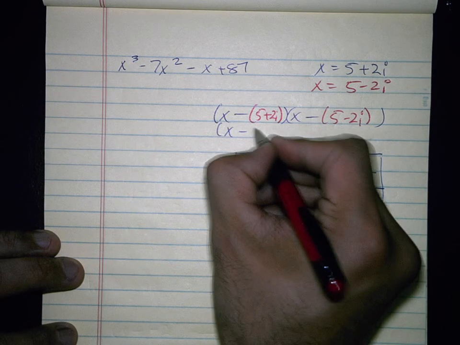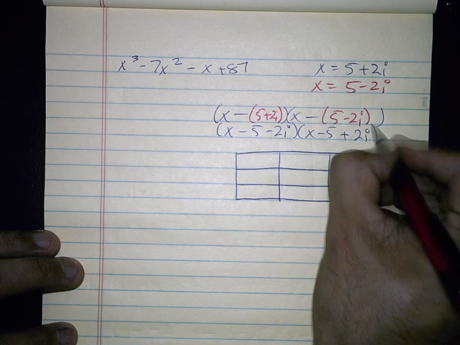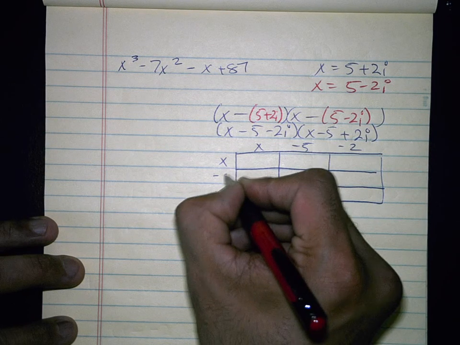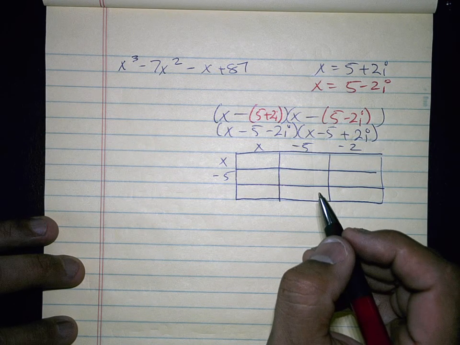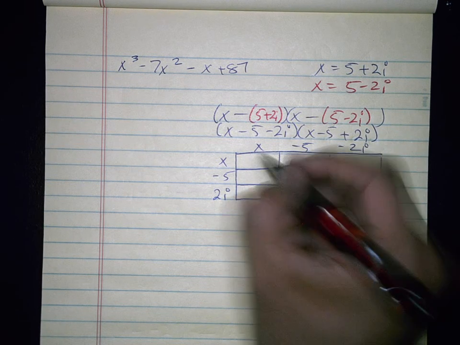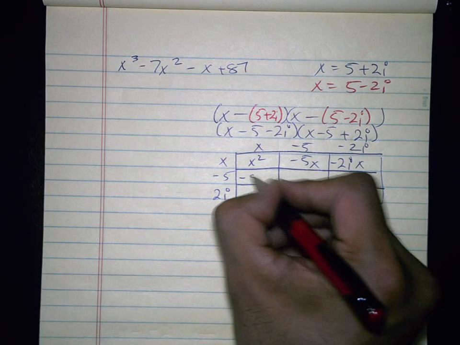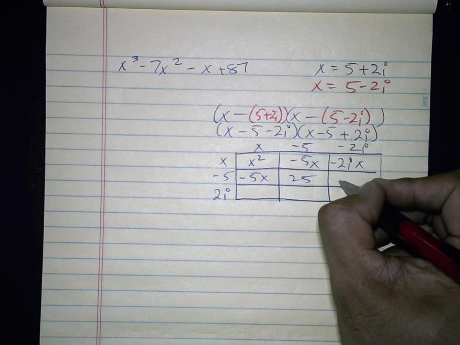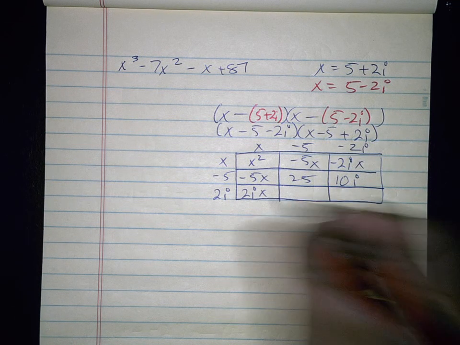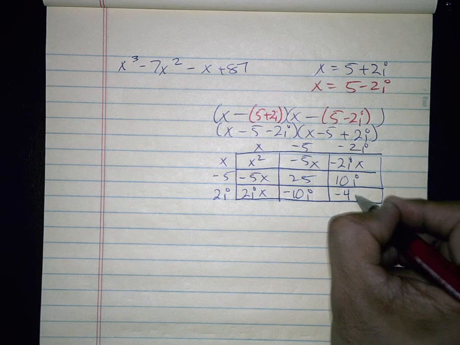So we end up with x minus 5. Alright. Okay, so labeling these all out, looking at x squared minus 5x minus 2ix, negative 5x, 25, positive 10i, we get 2ix, negative 10i, and then negative 4 times i squared.